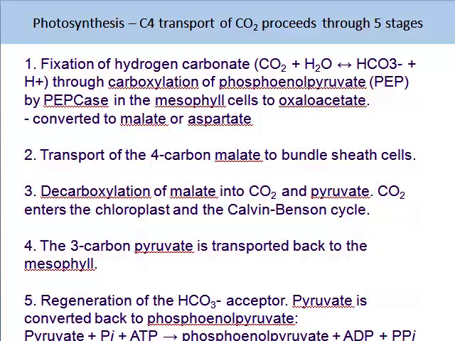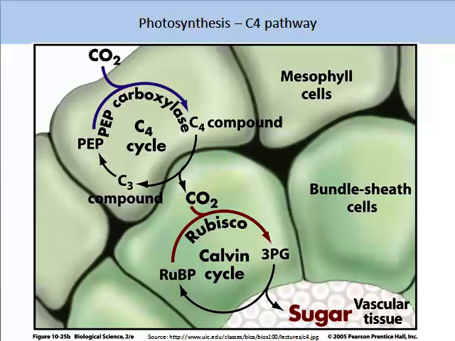It might be easier to demonstrate this pathway and the description above with an illustration that shows both the metabolic processes and the role of the anatomy. Hopefully this illustration will make the C4 pathway clearer. So carbon dioxide from the atmosphere can dissolve into the mesophyll cells.